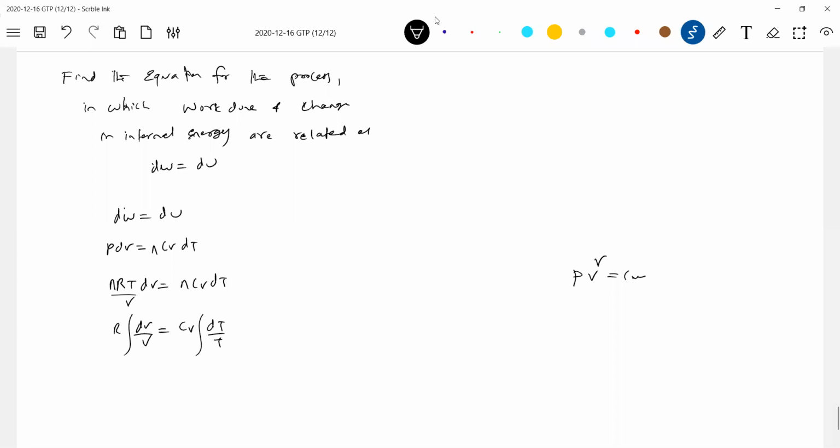If to make things clear, write minus du, negative sign, CV you write as R by gamma minus 1, solve it. Finally, the pressure and volume will be related like this. Getting the methodology? It's not a must in an adiabatic process, only like this. Only if dW equal to minus du will you end up with this adiabatic process.